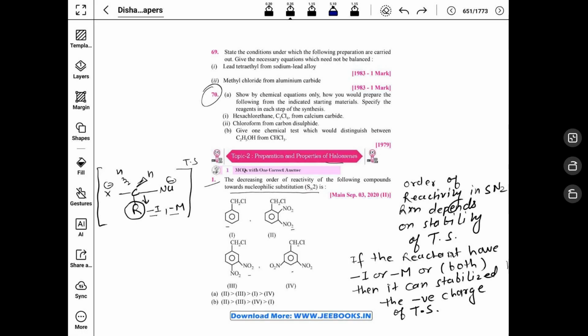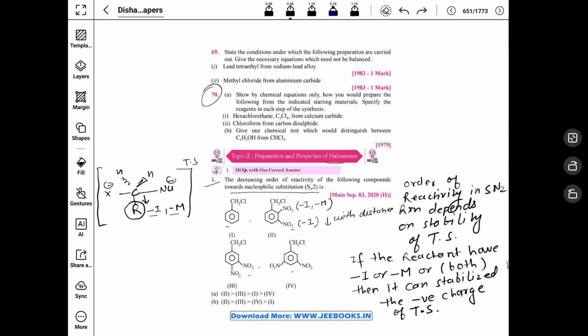In the second case, nitro is at the ortho position, and we know that nitro has minus I and minus M effect when it is present at the ortho position. At meta, it has only I effect, and I effect decreases with distance. So the I effect at the ortho position will be more than at the meta position. Now look here.